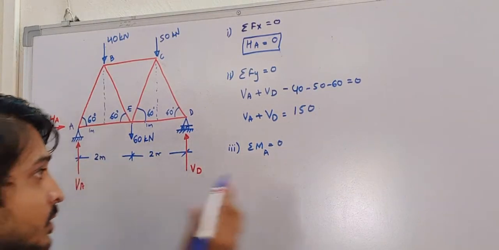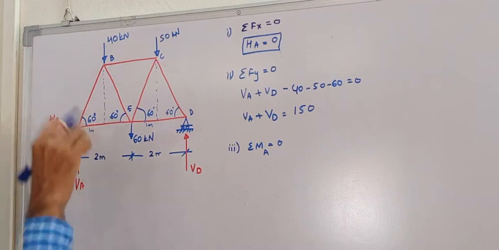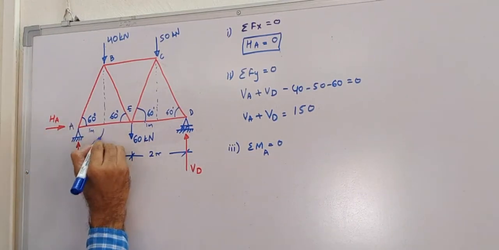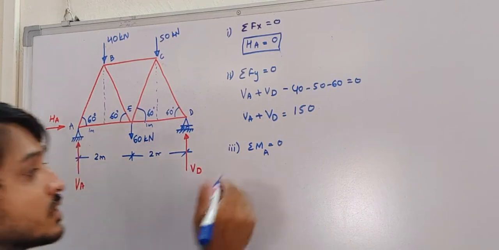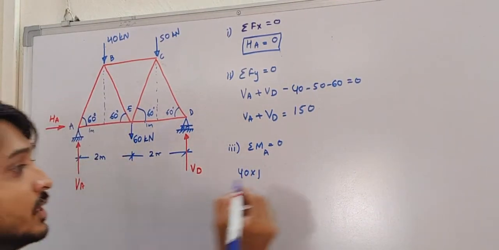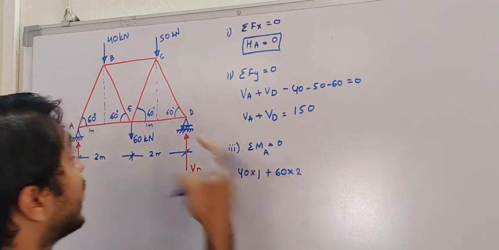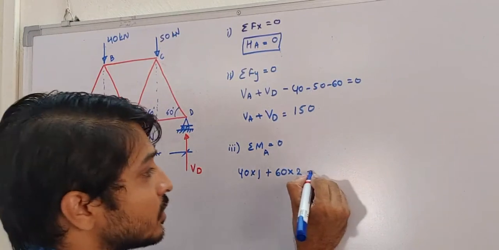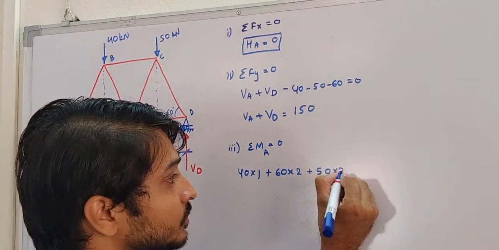So 40 into 1 meter is a clockwise moment. Then 60 into 2 is also clockwise, and 50 into 2 plus 1, 3 meters, is also clockwise.